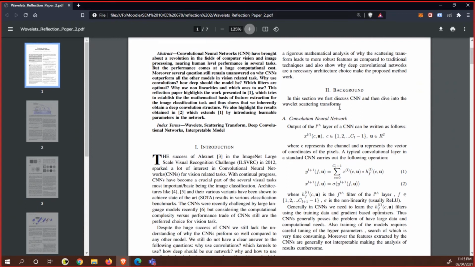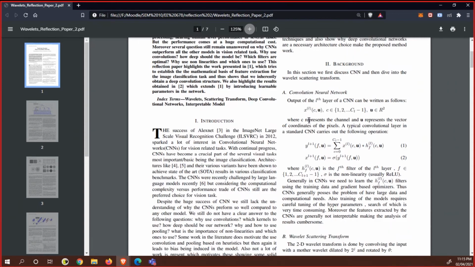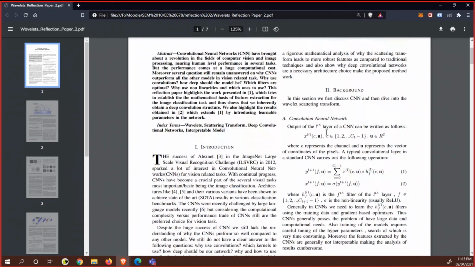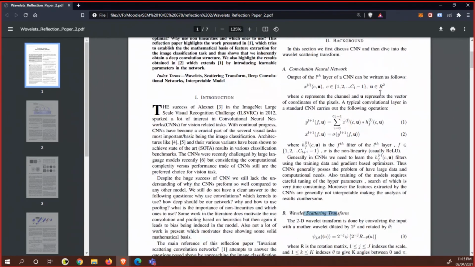Yeah. So first, let's go through the background of convolutional neural networks and the wavelet scattering transform. Traditional convolutional networks, which are currently state of the art in various classification as well as detection tasks for vision, can be represented as follows, where x_l is the output of the l-th layer of the CNN, and the convolution itself is given by equation one, where h_l is our convolution kernel and x_l is the input to it, which was the previous layer's output.